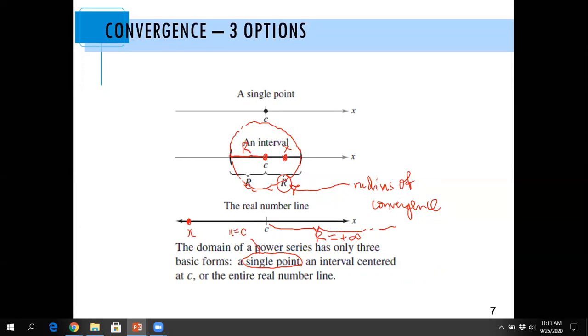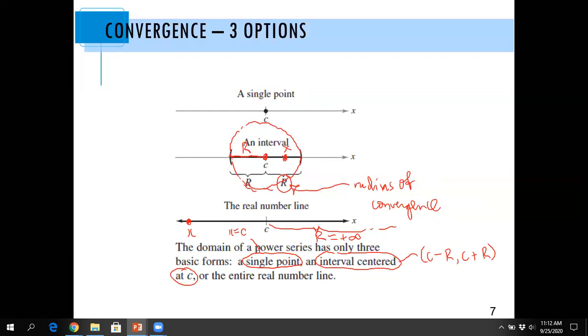An interval centered at C means that it's going to be from C minus the radius to C plus the radius. And by the way, you may be able to include the endpoints. You may be able to include one of the two endpoints. You may be able to include both of the endpoints. We will see situations like that.